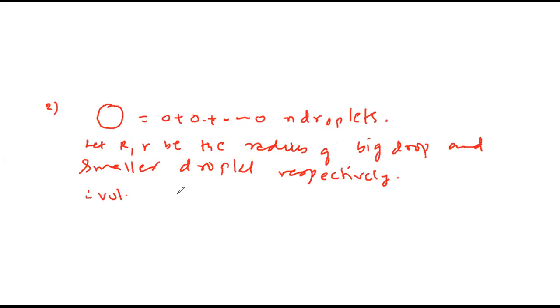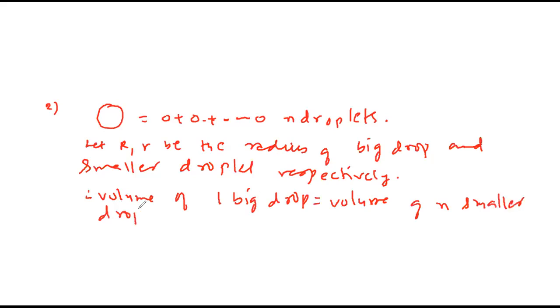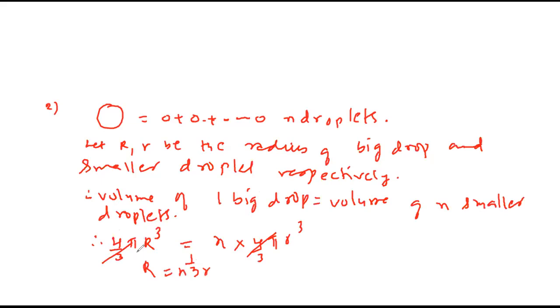Therefore, volume of one big drop equals volume of n smaller droplets. Therefore, 4 by 3 pi R cube equals n times 4 by 3 pi small r cube. So capital R is n raised to 1 by 3 into small r.